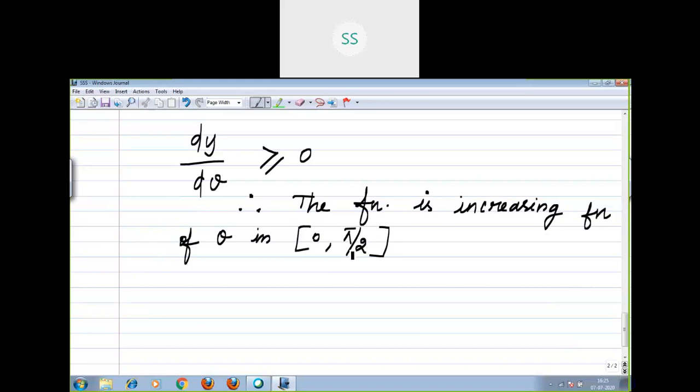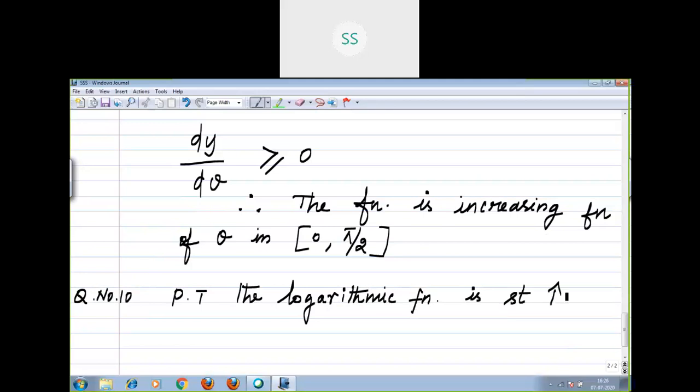Next I'm going to move to the next question, that is question number 10, right? What is question number 10? You see, prove that the logarithmic function is strictly increasing on the open interval 0 comma infinity.